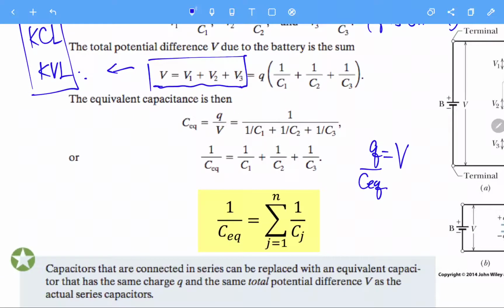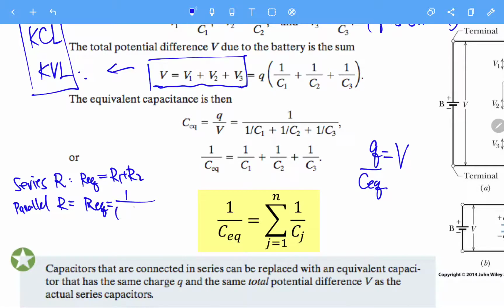So maybe you are familiar with resistors. For resistors it is the other way around. For series resistors, R equivalent is R1 plus R2, and for parallel resistors, 1 over R_EQ would be 1 over R1 plus 1 over R2.